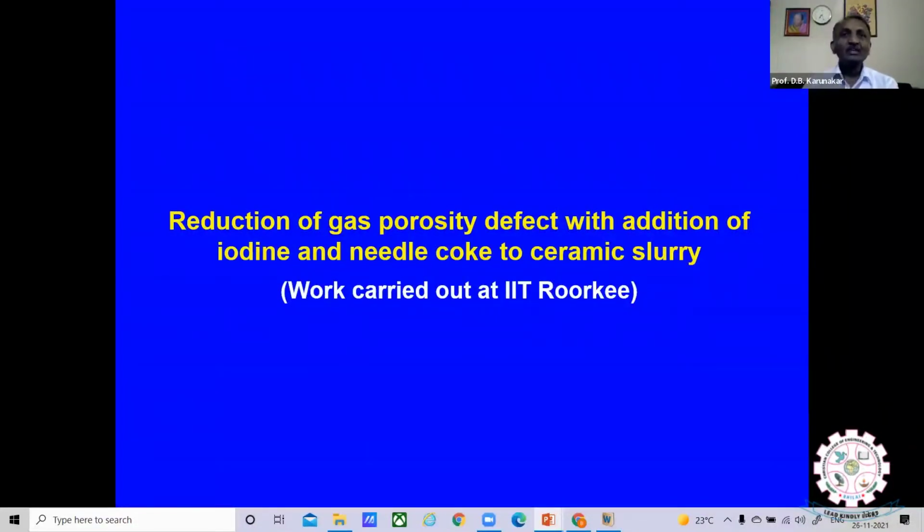In the first layer, constructed with the primary slurry, we have added iodine. And to the second region, constructed by the secondary slurry, we have added needle coke. Our attempt is to improve the permeability of both regions, primary and secondary.